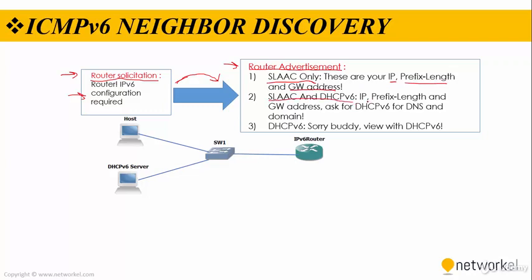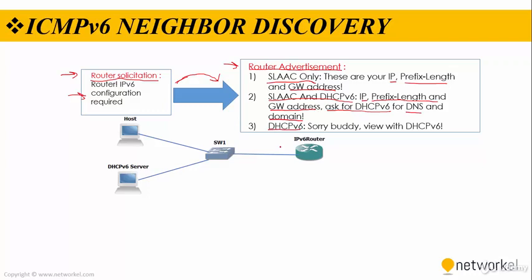In this option, the router gives the IP prefix length and gateway address and tells the client to ask the DHCP version 6 server for the DNS and domain names. And the third option is DHCP version 6. In this response, the router says, I'm sorry buddy, ask everything to the DHCP version 6 server.